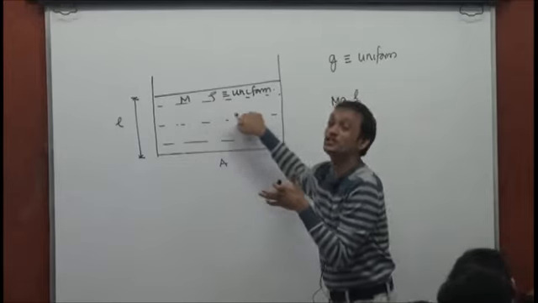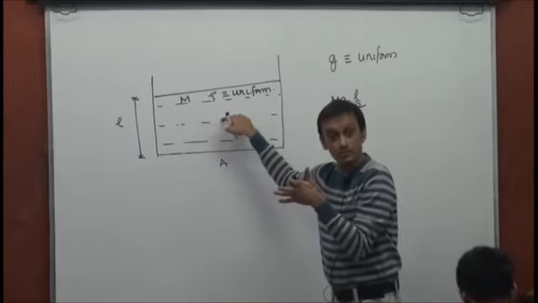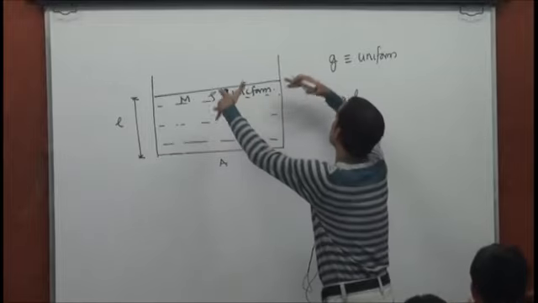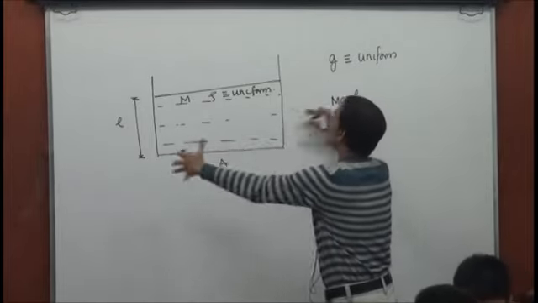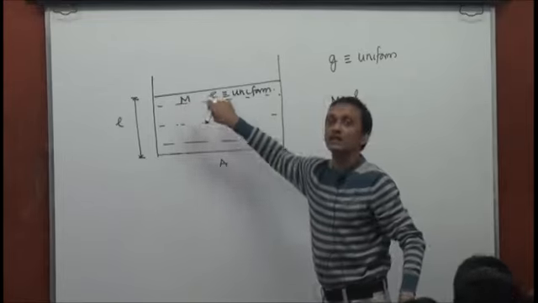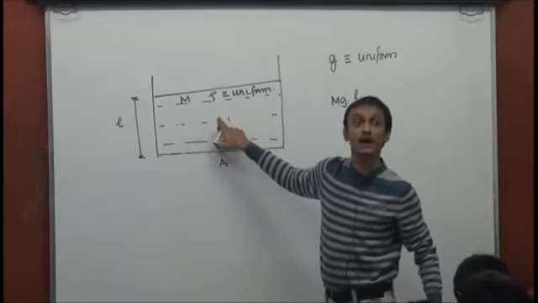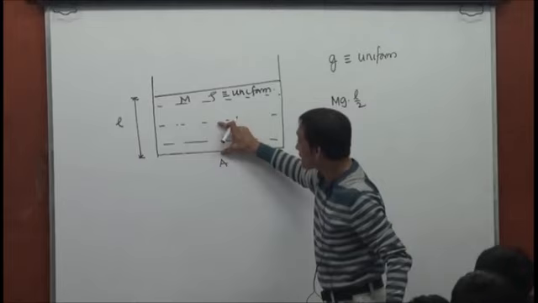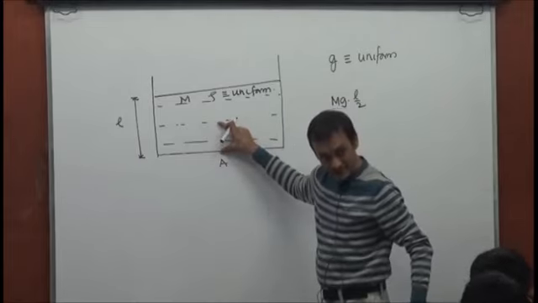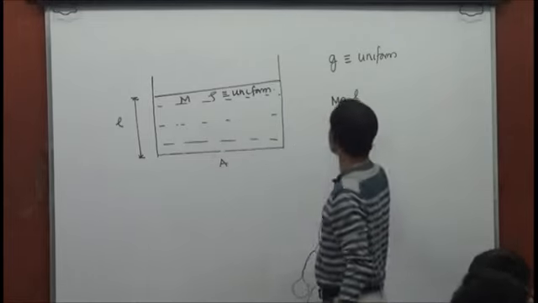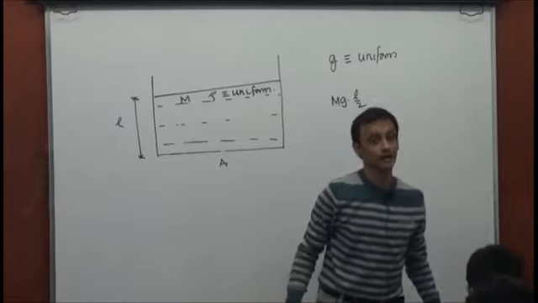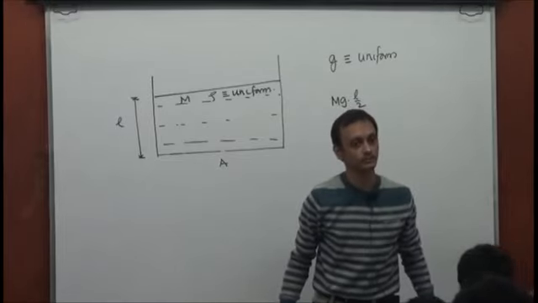In a uniform container, this whole thing could be replaced by one single mass at its center of mass, which is L by 2 from the reference level. So the potential energy of this is going to be mg into L by 2.